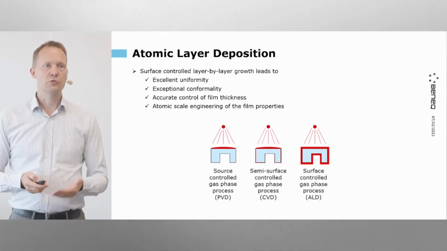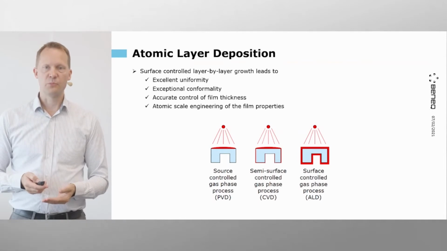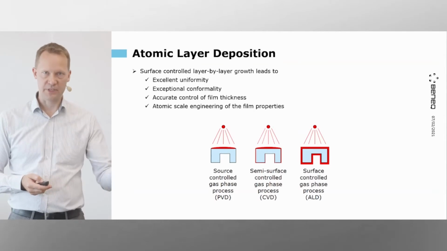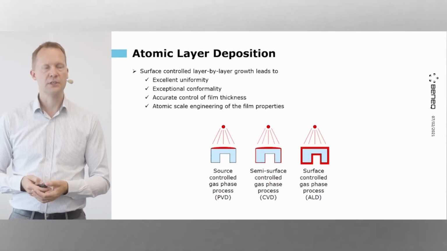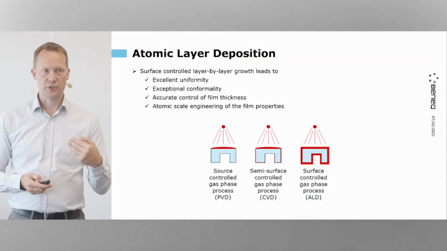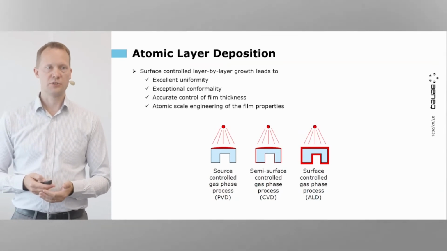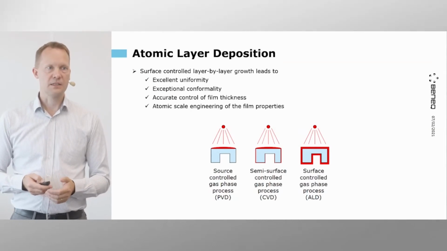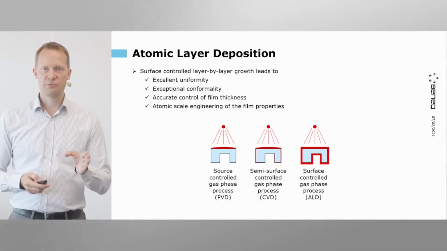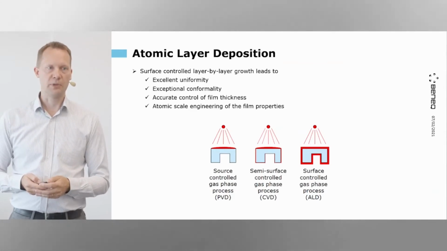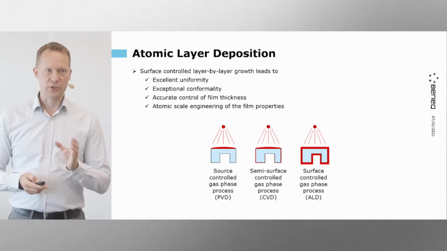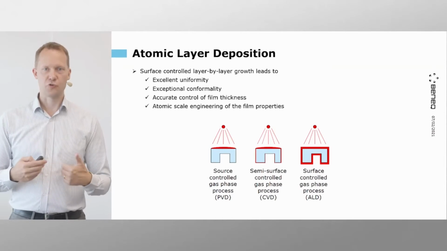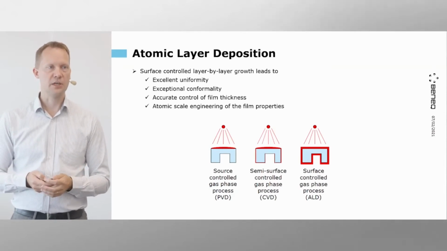But compared to other processes more widely used in the optical industry, like PVD, especially sputtering and evaporation, or the chemical vapor deposition, CVD process, which is very much related to ALD but still different, ALD can make much more uniform coatings on complex shapes. So that's really the key benefit of ALD. It is surface controlled, not source controlled or line of sight.